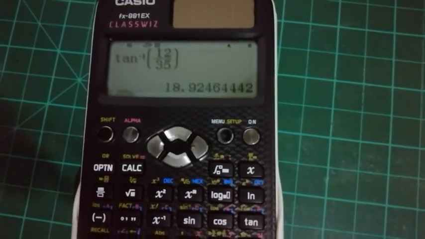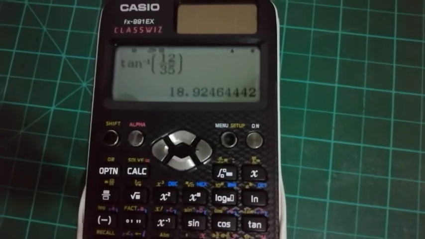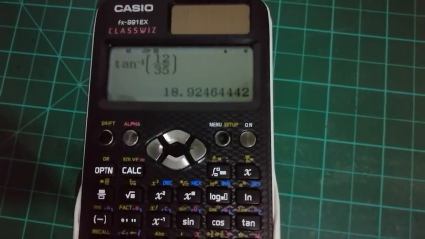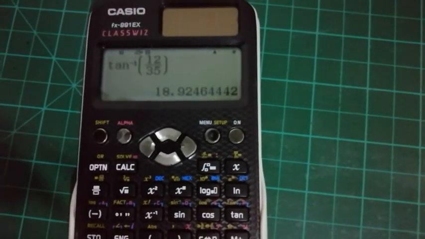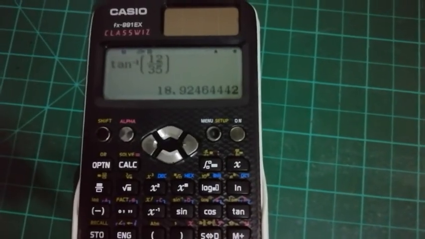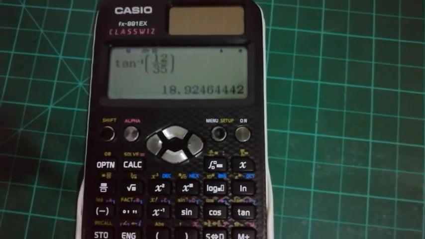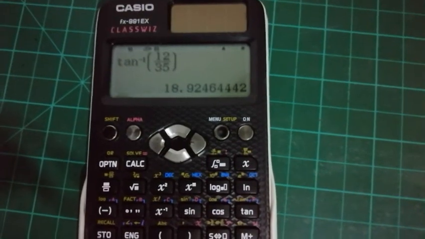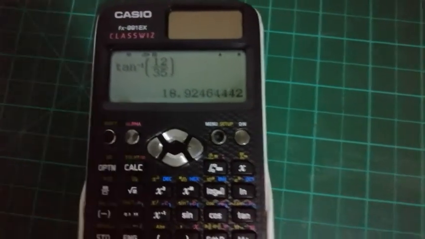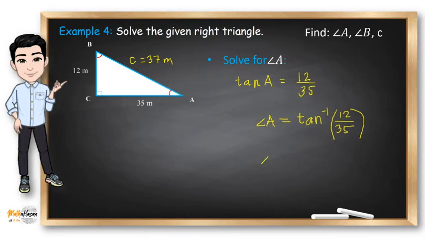We'll have the value of 18.92. So, itong 18.92 is an angle. At 18.92 degrees ang sagot natin kasi ang mode ng calculator natin ay degree measure. At isusulat lang natin yung nakuha nating value sa calculator which is 18.92 degrees. Okay, this is an angle measure.